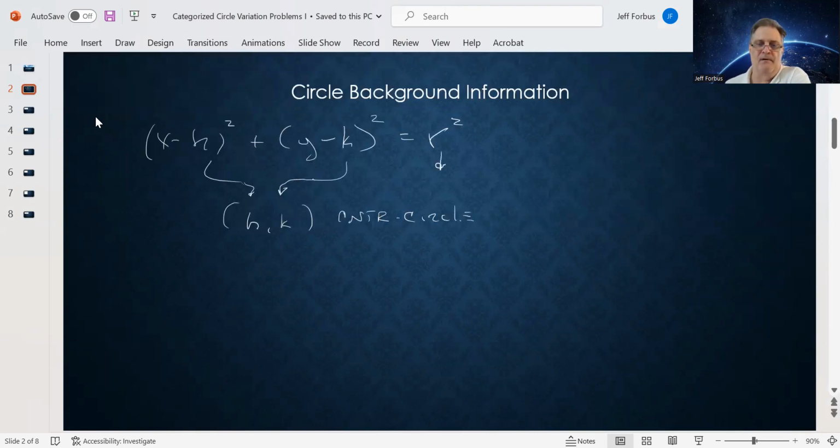The r is the radius. Notice that the h value is an x value and the k value is a y value. It's important to pay attention to the signs. Notice the signs in the formula, they are minus signs: x minus h and y minus k.